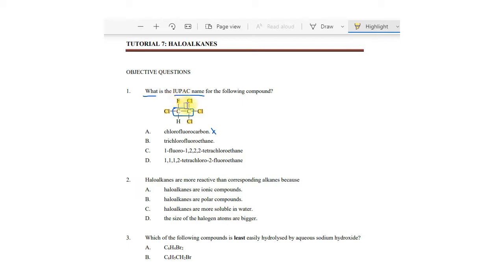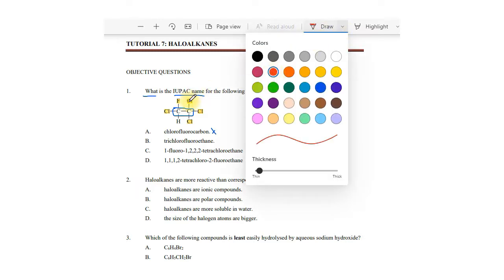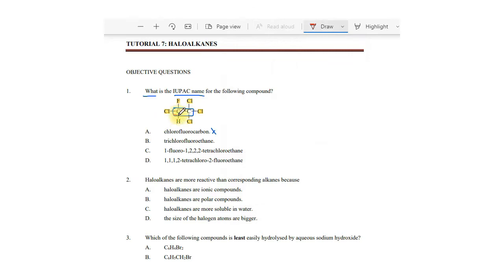So we check which one is position 1 and which one is position 2. If we look at this one, this carbon has 2 substituents, this carbon has 3 substituents. So the highly substituted carbon is C1, and this is C2.